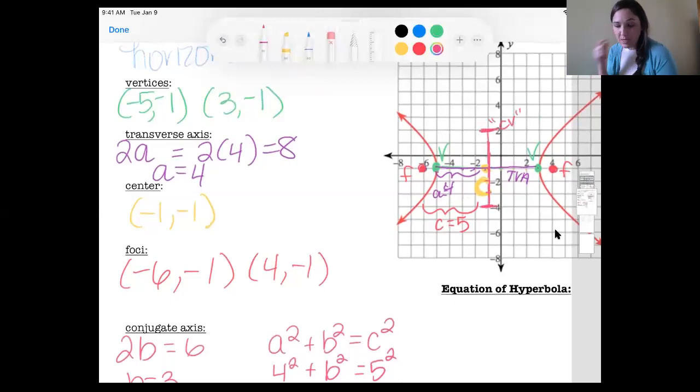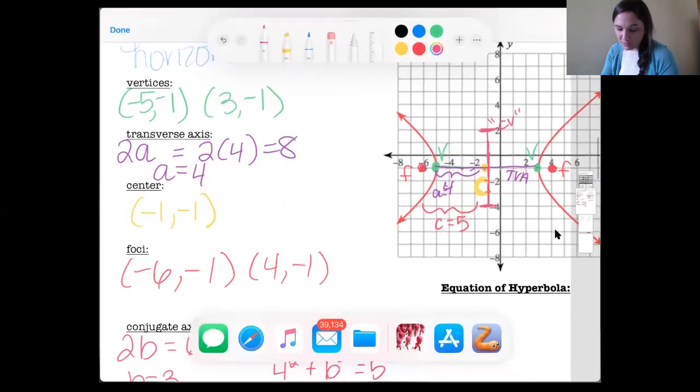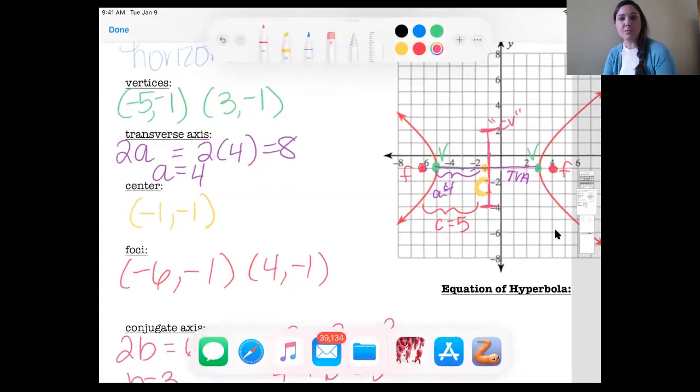All right, so now I need to figure out my asymptotes. But where are my asymptotes? Well, I'll tell you this. My asymptotes always run through the center. We know our equation that we could use to write the equation of our asymptotes. And a nice, easy way that we can actually draw them out is we can connect, so we can make a little box here.